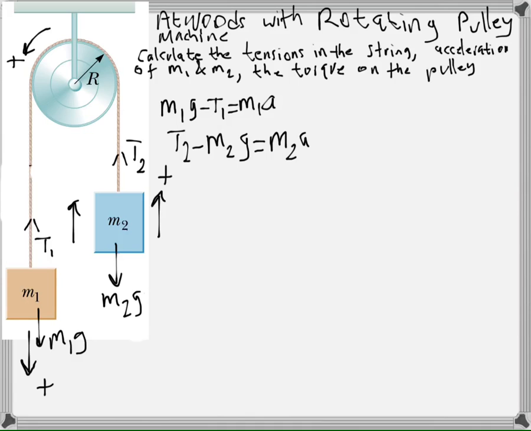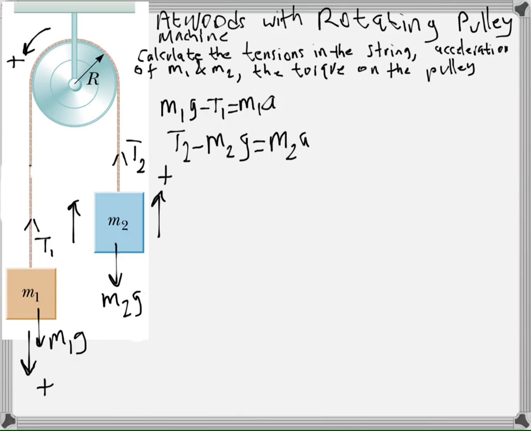Okay? So, yes, there are two equations. The system is the same. So if you find T2, but the thing is here, if you think of the previous case where there is no rotation of the pulley, in that case T1 and T2 were equal to each other.